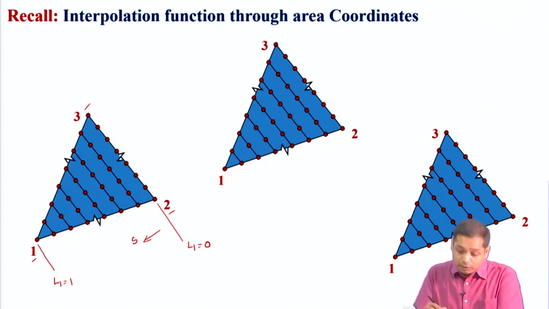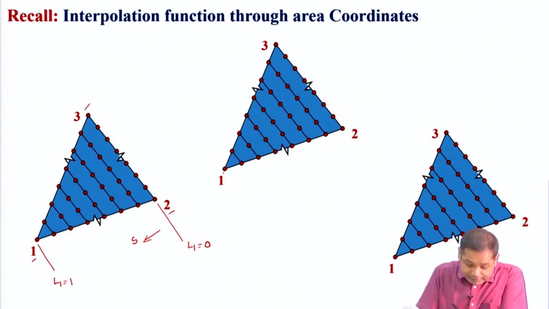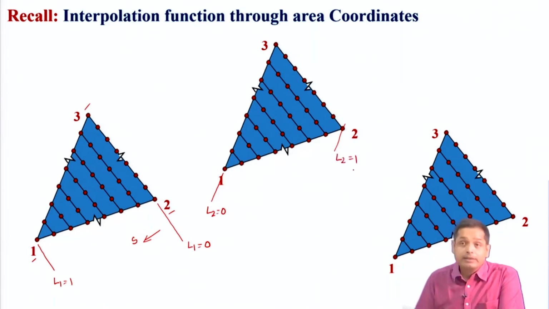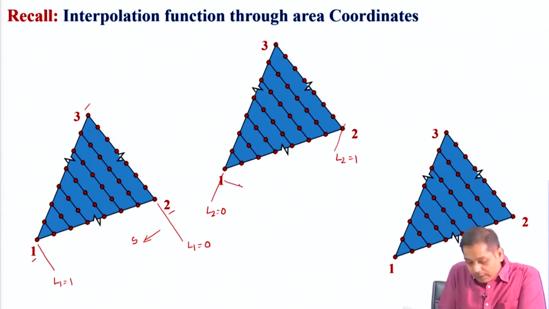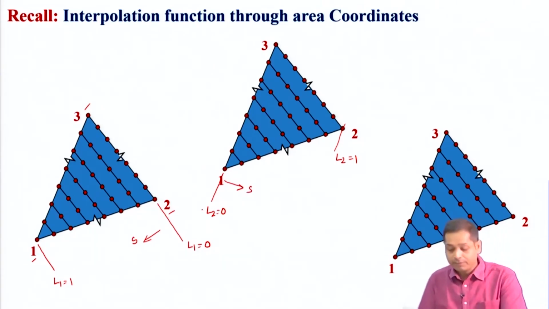Similarly for node number 2, this is our coordinate system, and for this one L2 will be 0 and L2 will be 1. So this is the interpolation property, and then we have a local coordinate system moving in this direction, S1, normal to this line 1, 3.